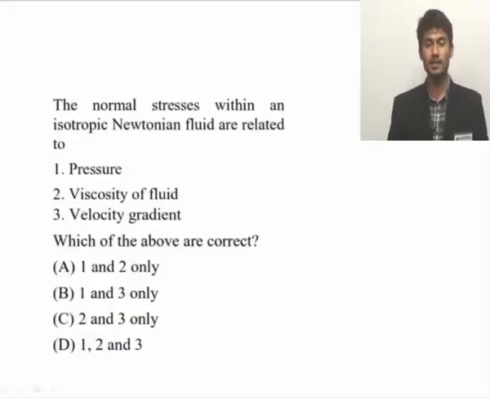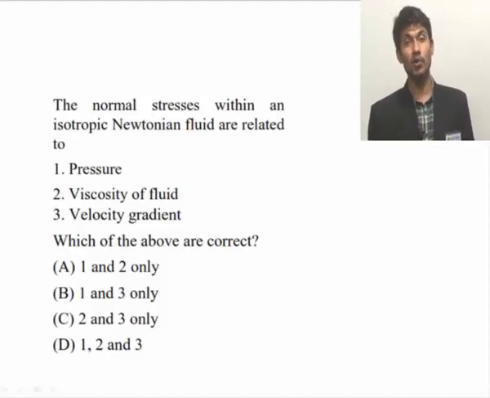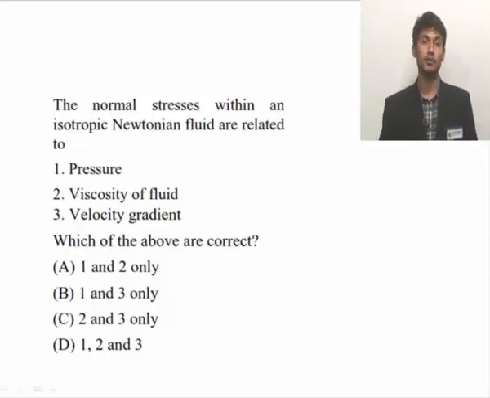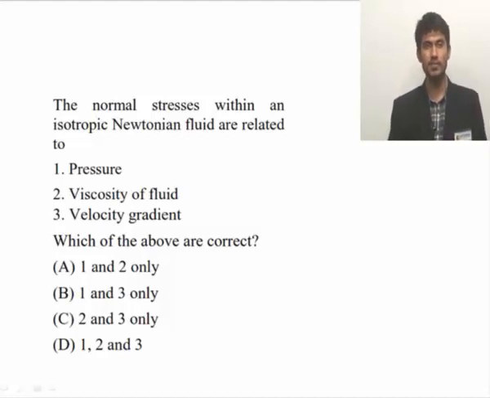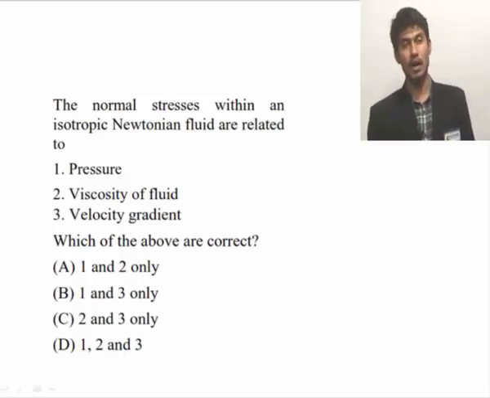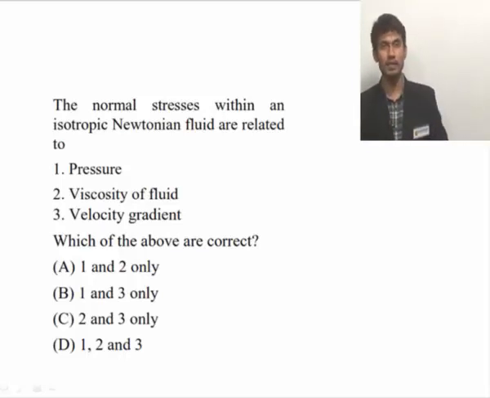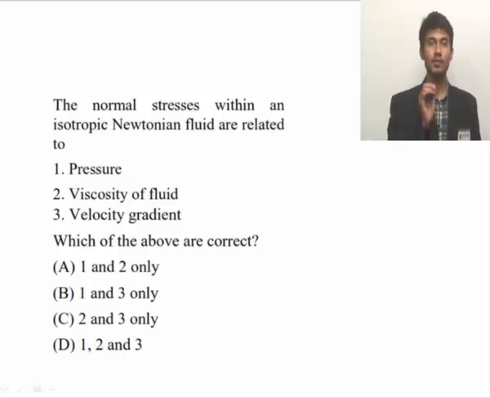The normal stresses within an isotropic Newtonian fluid are related to: first, pressure; second, viscosity of fluid; third, velocity gradient. Which of the above are correct? Now you need to find which of the following three is directly related to the normal stresses in any Newtonian fluid.